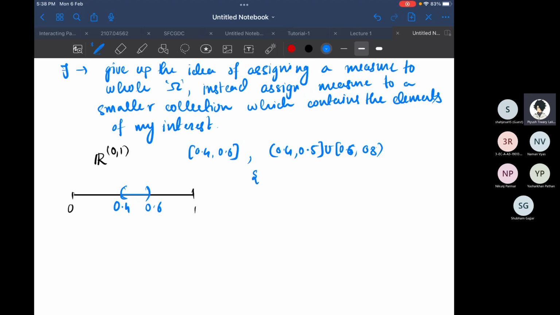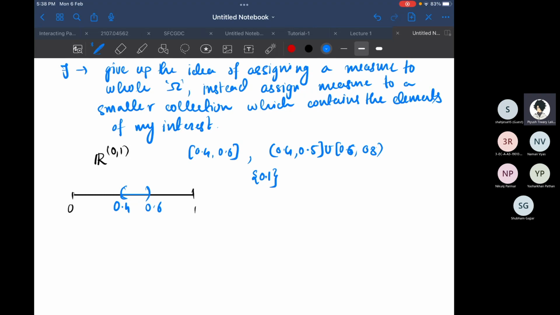I want a collection of subsets that contains just points, 0.1 for example. It turns out that intervals are very powerful.